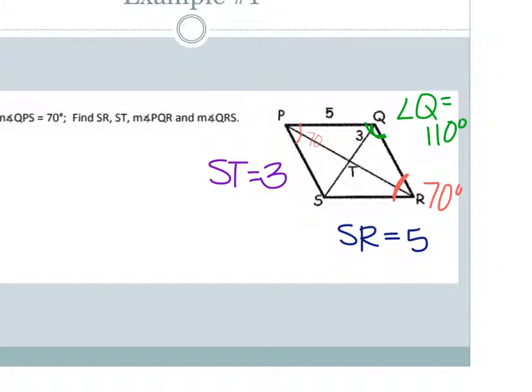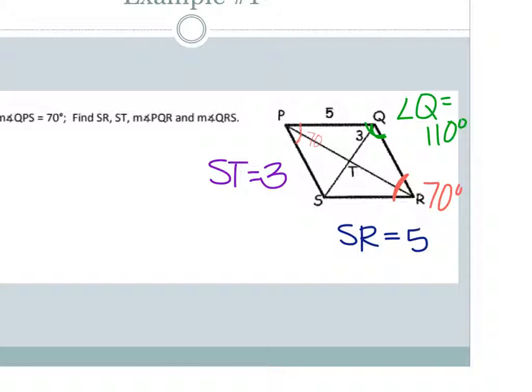That's 70. Ladies and gentlemen, listen carefully, our property tells us that consecutive angles are supplementary. That means if those angles are next to each other, they have to add up to 180. P and Q are next to each other, so they add up to 180. Q and R also add up to 180.